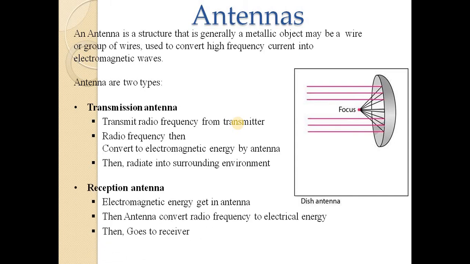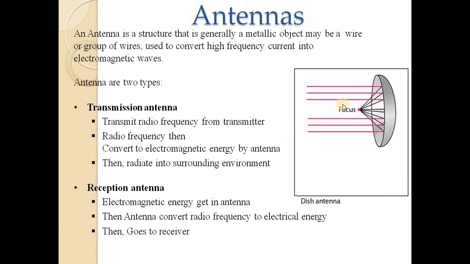Next point is the reception antenna, also called the receiver antenna. The electromagnetic energy gets into the antenna, and then the antenna converts the radio frequency to electrical energy, which goes to the receiver. Means that the receiver receives them using a receiving antenna and converts EM waves into a data signal, and then it goes to the receiver side.